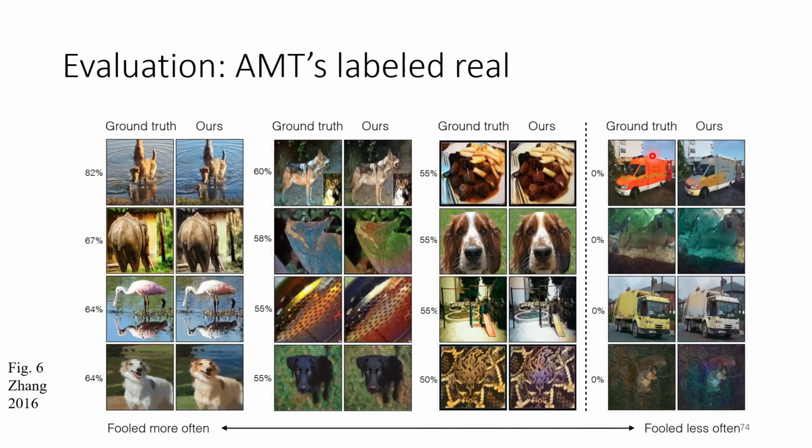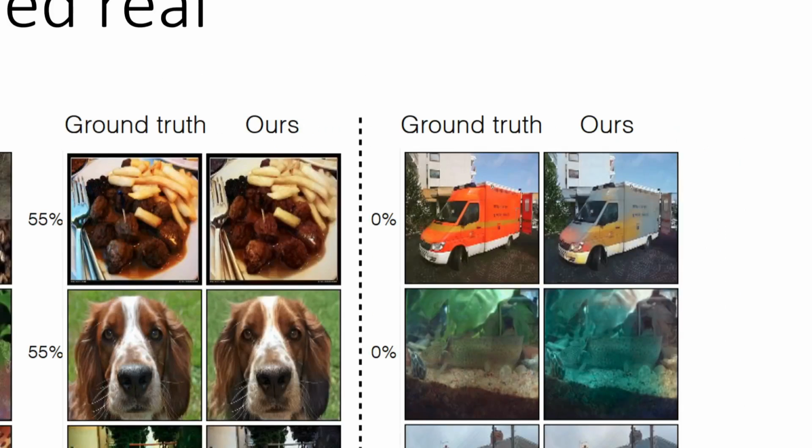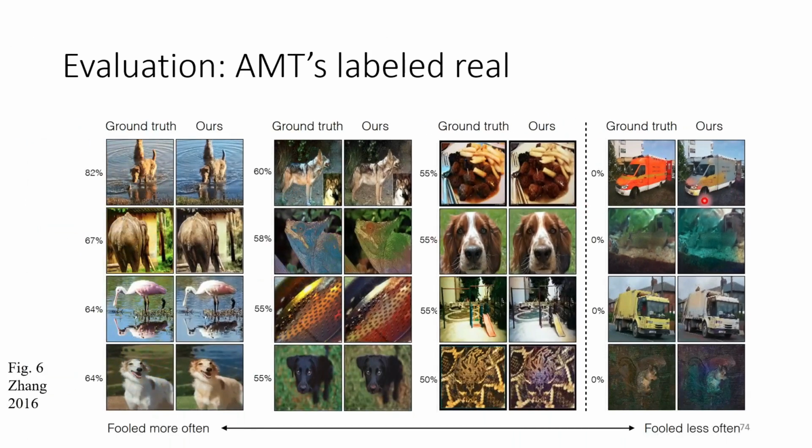This is a ground truth image, but this is a generated image. Okay, it doesn't look real. So 0% of the Mechanical Turkers feel this is a ground truth.